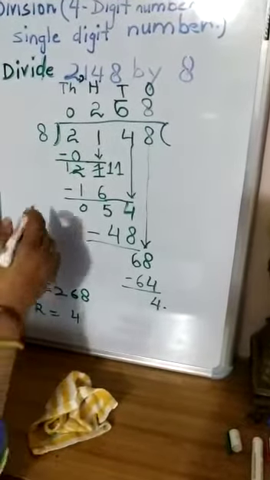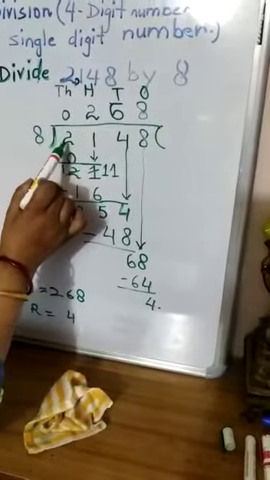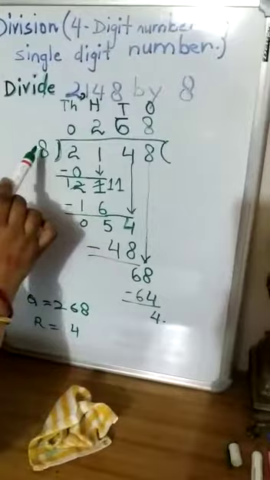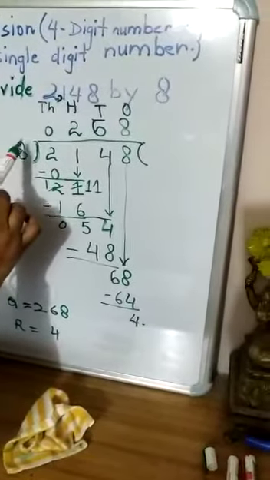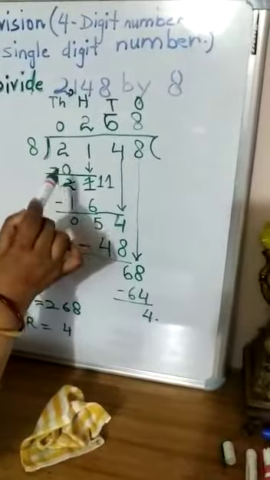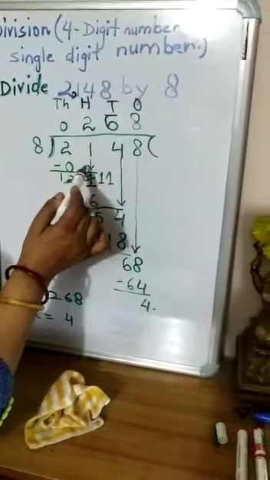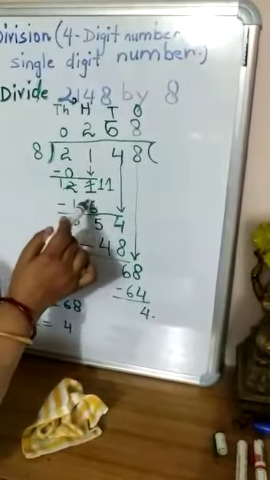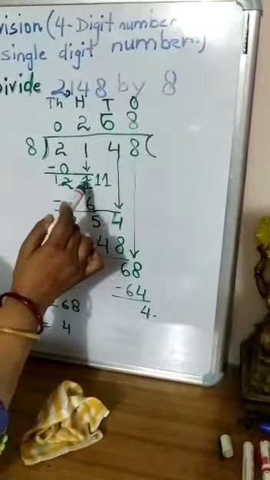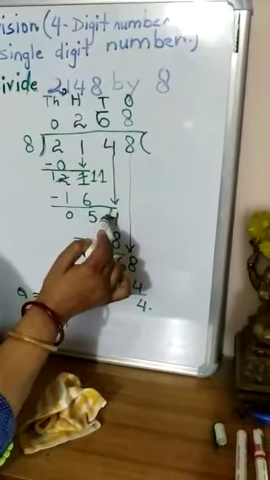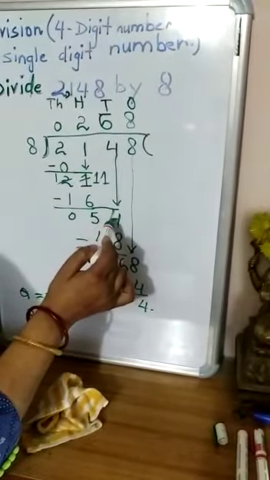Now let us again see. I will start from the extreme left side, that is 2000. So 2 is less than 8. I will start the multiplication with 0. 8 zeros are 0. So 2 minus 0 is 2, and then I put down this 1 along with 2. It becomes 21. Now 8 2s are 16. 21 minus 16 is 5. Now I will put down this 4 along with 5. It becomes 54 tens.